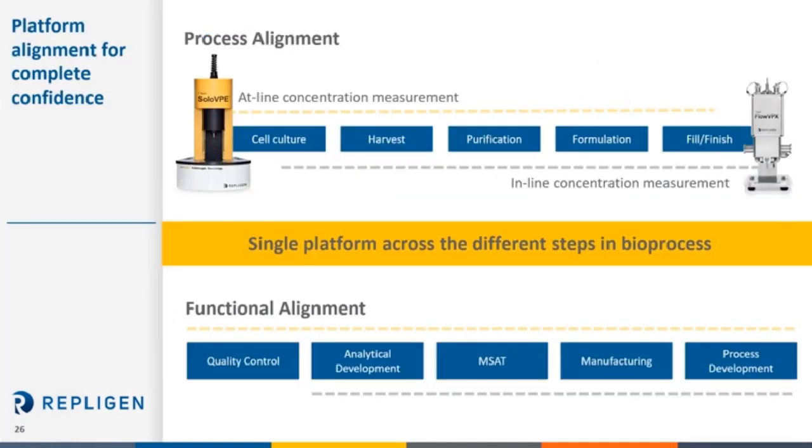It is our goal that with both technologies for the at-line and in-line, we are giving you two analytic tools to properly monitor, quantify, and make real-time decisions on your processes where UV can be the preferred method for your particular product. The functional alignment between all groups within the process has been critical to our success.